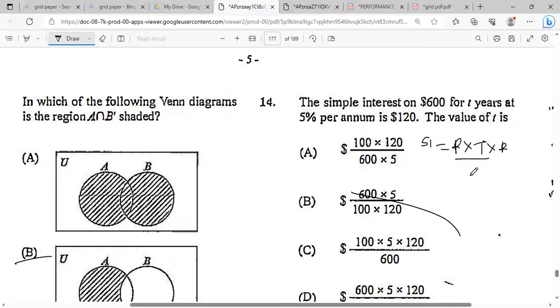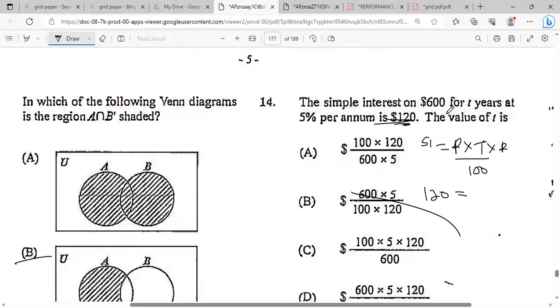What we're going to be doing now is transposing. We know the simple interest works out to 120, that was given. And guys, you have to read and understand. You say the simple interest on that is, so once you see the "is," that is the simple interest.